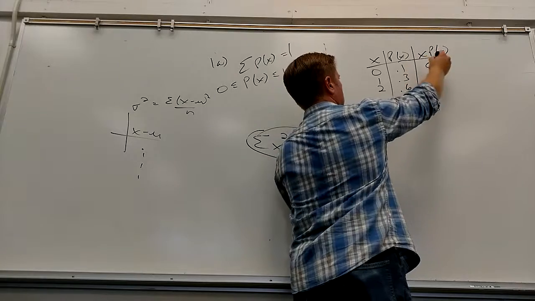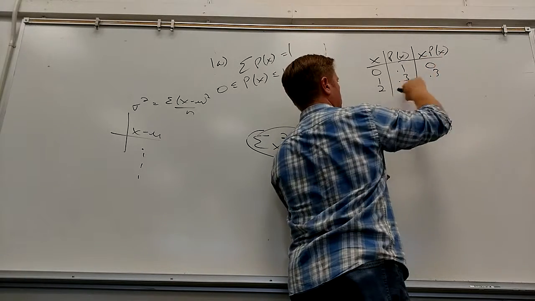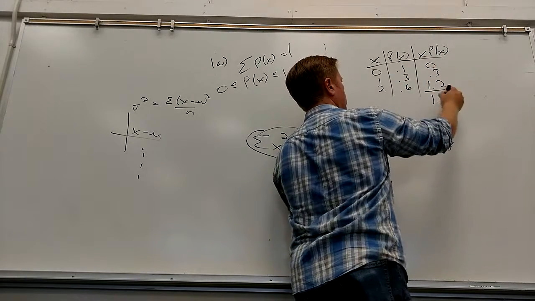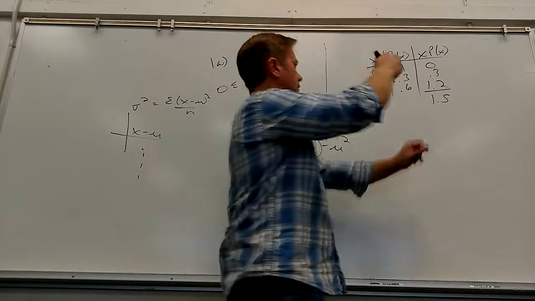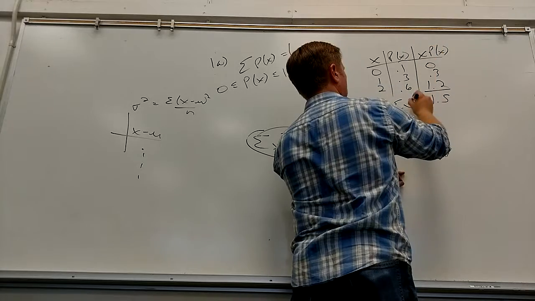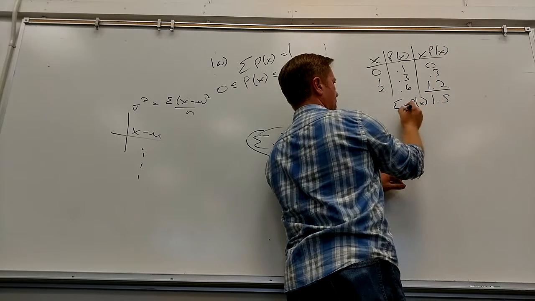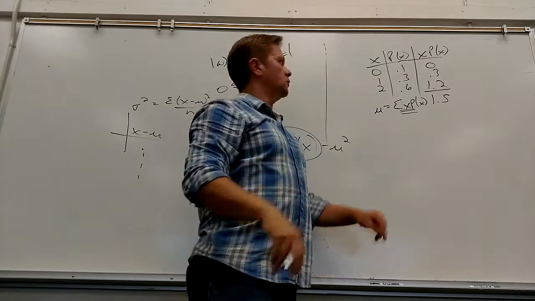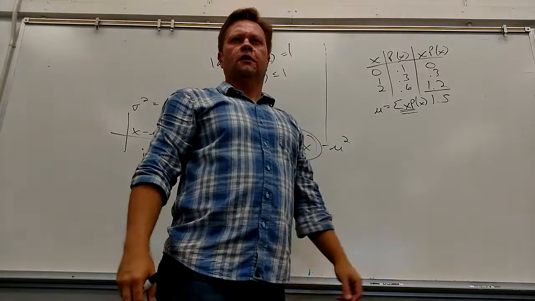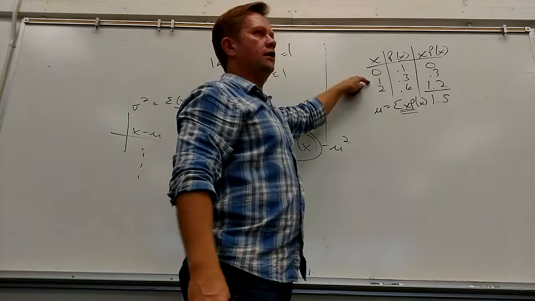So 0 times that is 0, 1 times that is 0.3, 2 times that is 1.2. What is this? That's the mean. Because that is the sum of the x p of x's. The expected value, which is also known as the mean. So the mean is not 1. If you say the mean is 1, you're saying they're equally weighted.